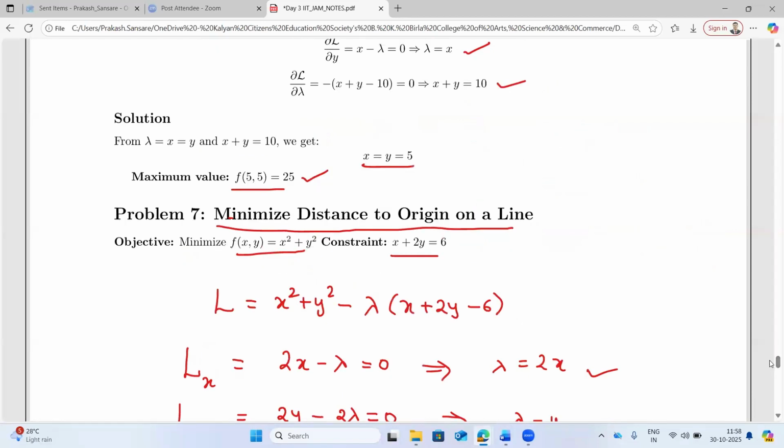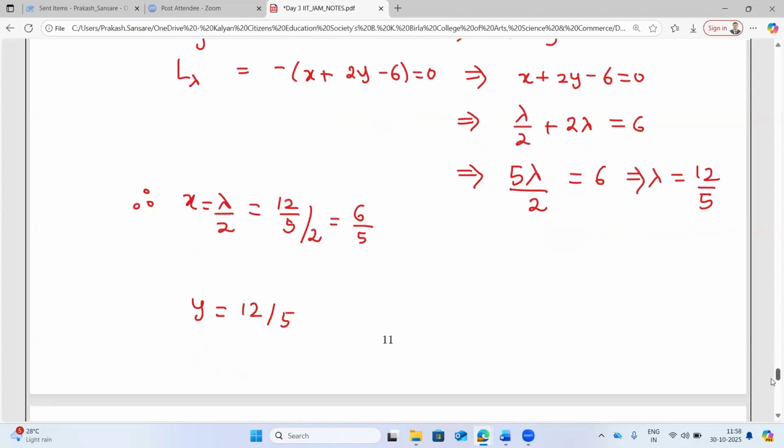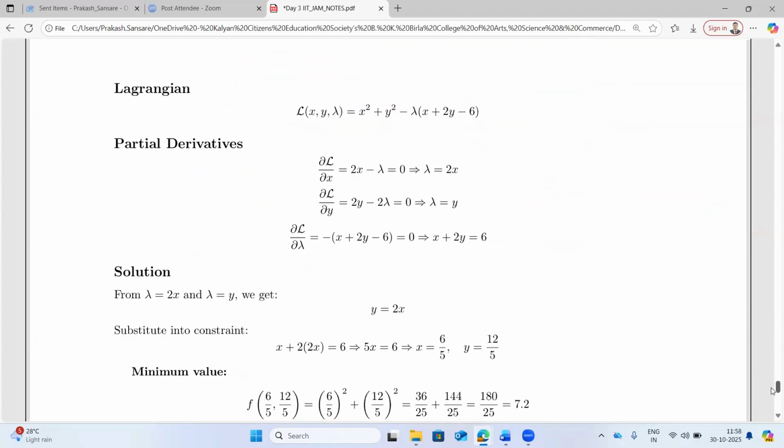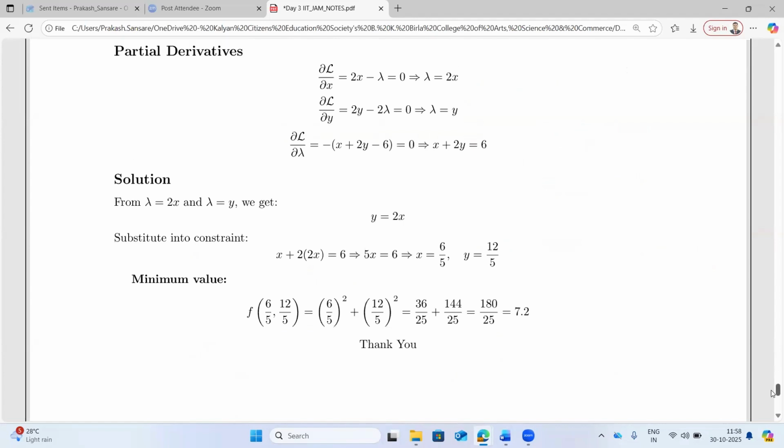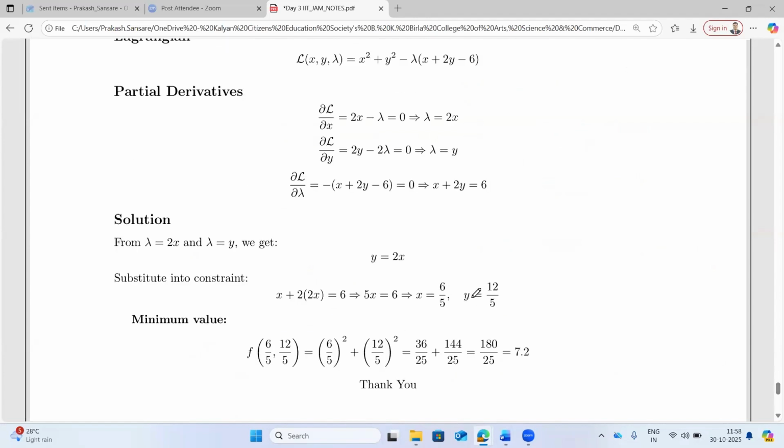So the minimum value is f of x comma y is equal to x square plus y square. You just have to substitute this. So x is 6 by 5, y is 12 by 5, and then f evaluated at 6 by 5, 12 by 5 will give you the answer as 7.2.